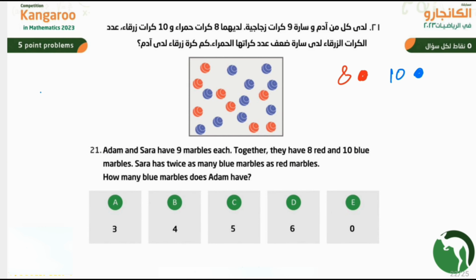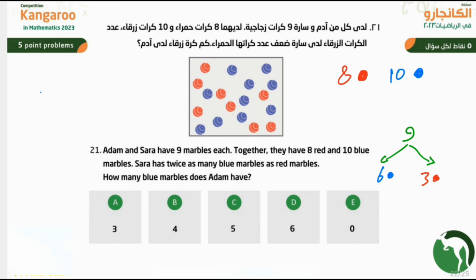Sarah has 9 marbles in total, and these 9 marbles must be divided into 2 parts, where one part is twice the other. So we will have 6 blue marbles and 3 red marbles.